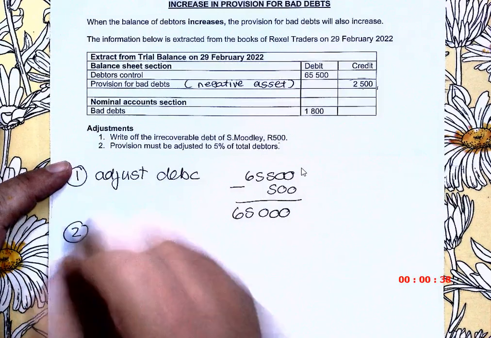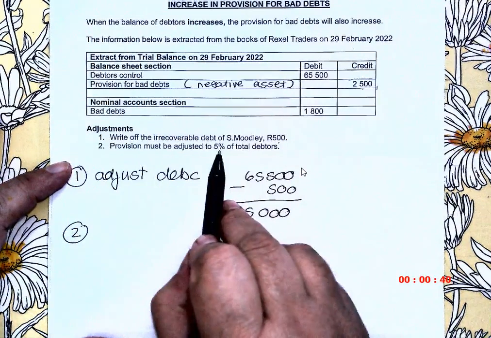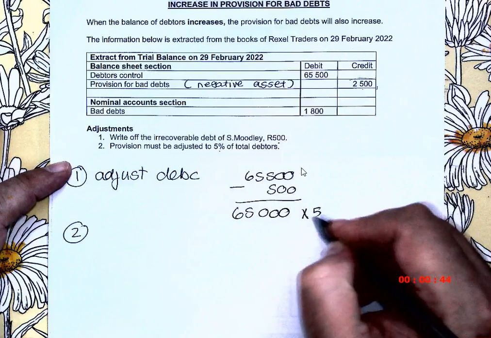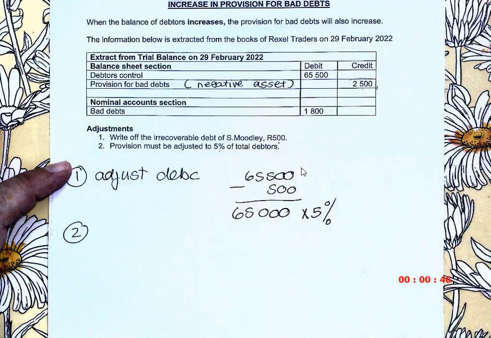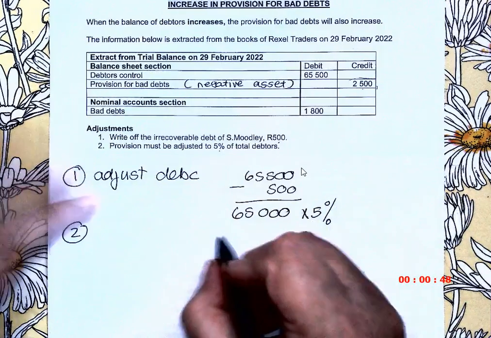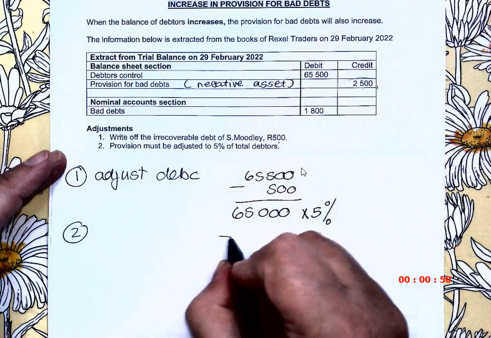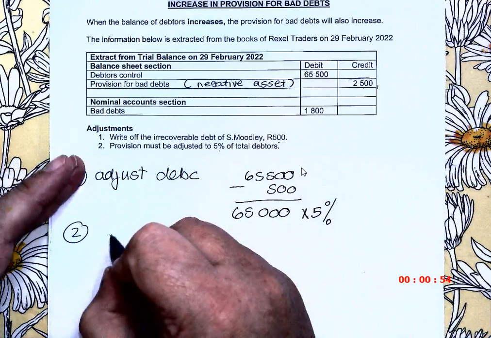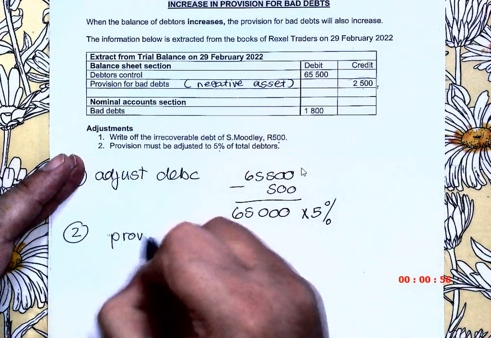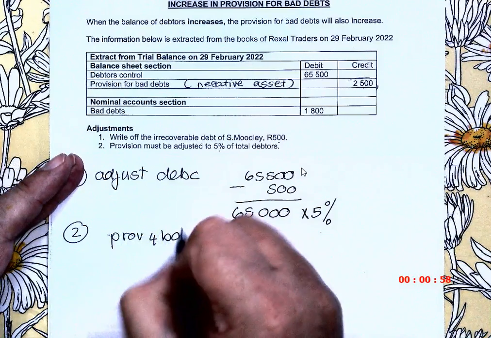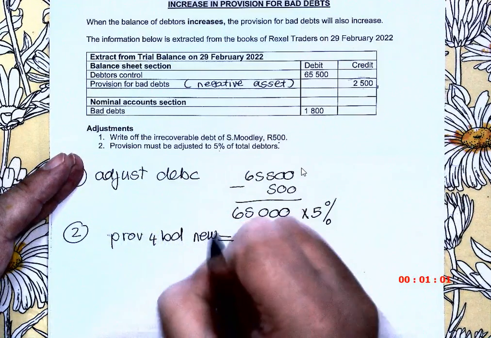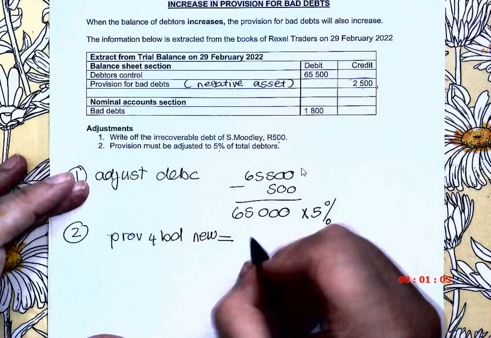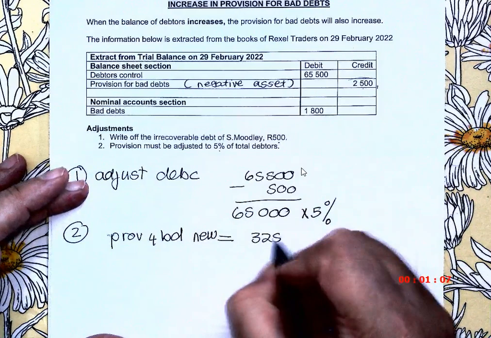Second step, you multiply your debtors by the percentage bad debts that you want to provide for. Okay? And the answer you get here, we say this is my new provision for bad debt, the new one. So how much is that? 65,000 times 5% gives me 3,250.